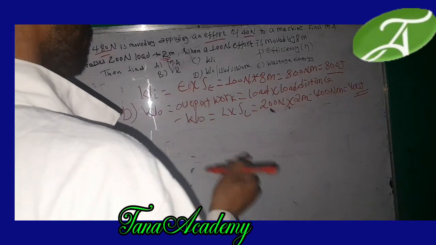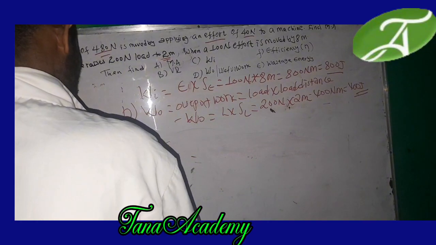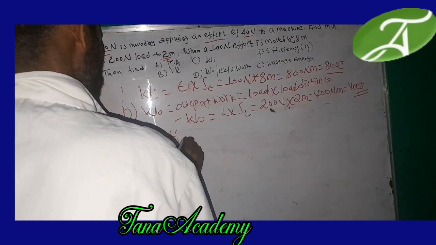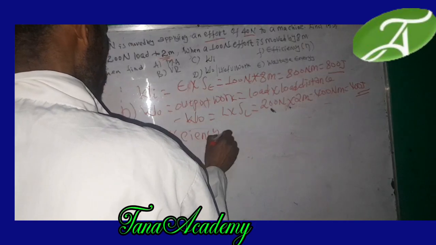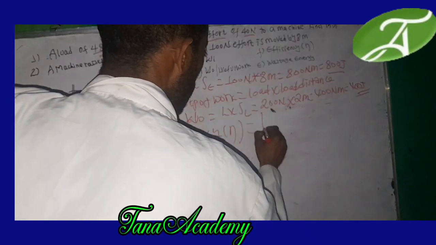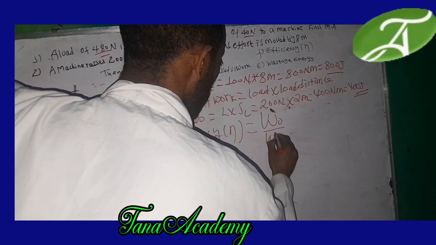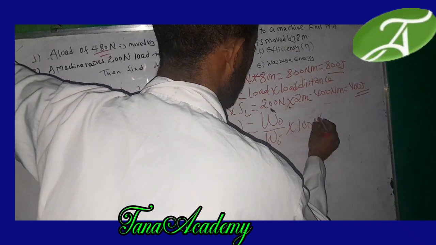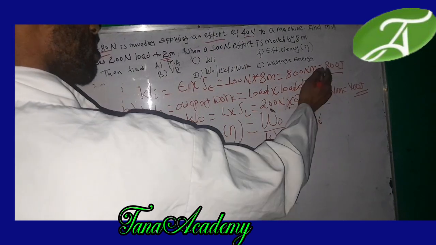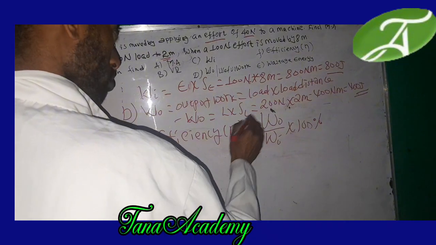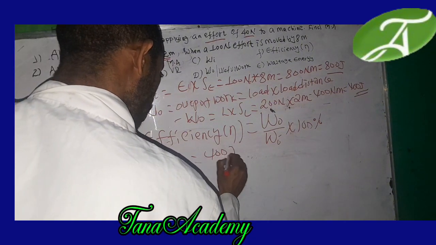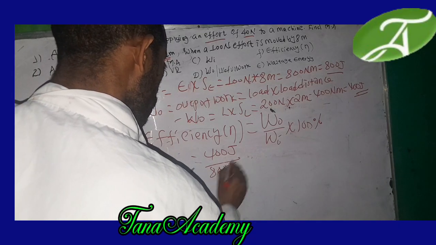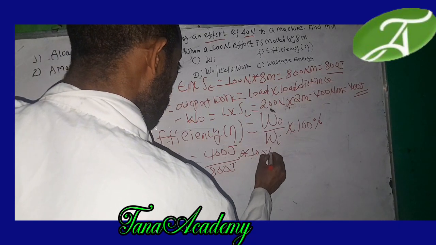Again, F, efficiency. Efficiency or eta is equal to output work over input work times 100%. Output work is 400 joule over input work is 800 joule times 100%.